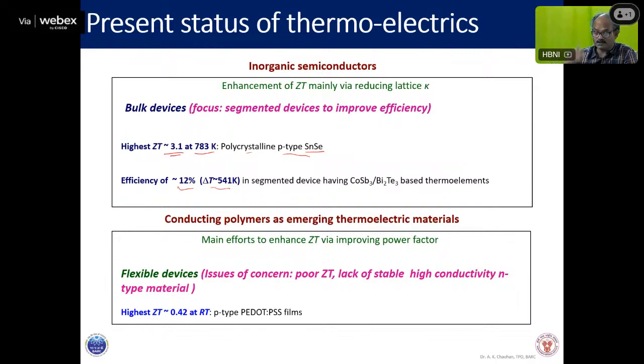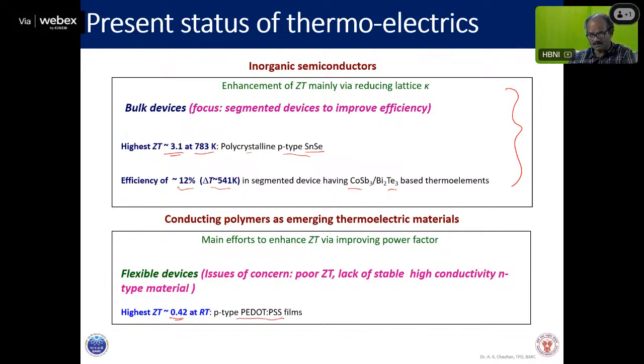It's one device where there are 2-3 different devices. And this is for inorganic materials. For organic semiconducting materials, the highest ZT is nearly 0.42 at room temperature, which is for PEDOT:PSS films.